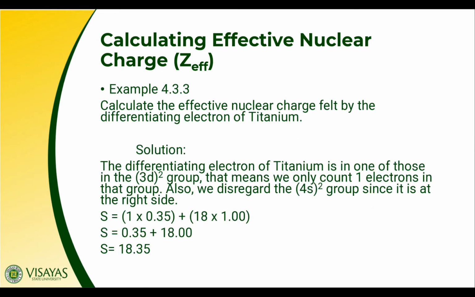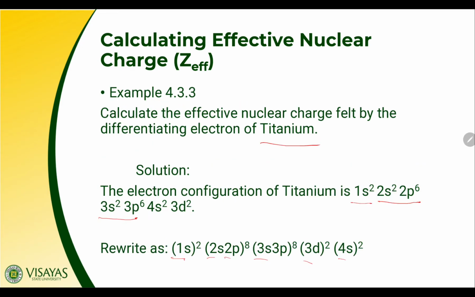Now, the differentiating electron of titanium is in the 3d2 group. Remember that we are using differentiating electrons. So before we rewrite the electronic configuration, the last orbital filled is the 3d2, so that is where our differentiating electron is.